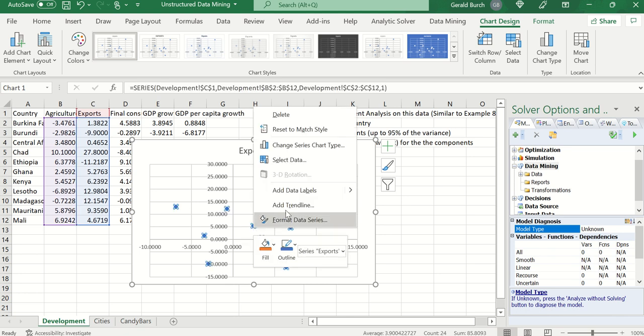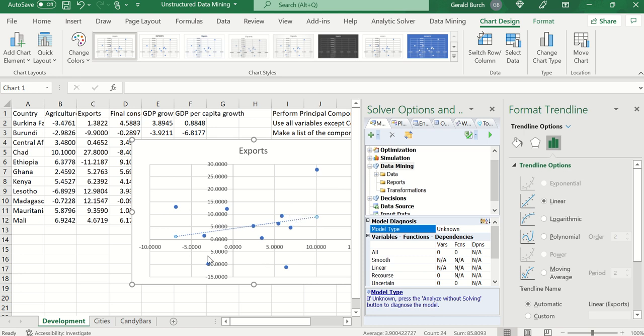If I right-click on one of the data points and add a trend line, you can see that I now have this component. It says I'm trying to explain agriculture by exports, or exports by agriculture. Mathematically, the computer is trying to establish a relationship by looking at each one of these dots, and then it lays a line in here.